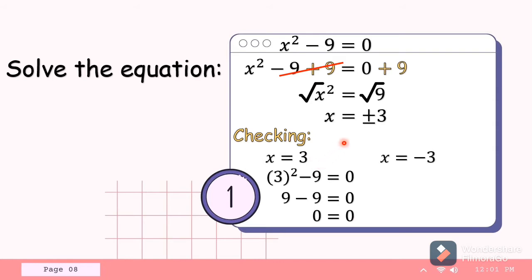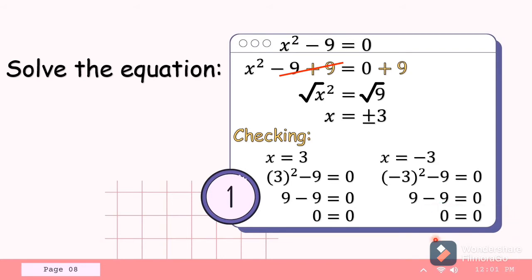How about if we have the negative 3? So, substitute lang ulit natin yung negative 3 sa original equation. So, magiging negative 3 squared minus 9 is equal to 0. Then, negative 3 squared is equal to 9. So, we have 9 minus 9 is equal to 0.